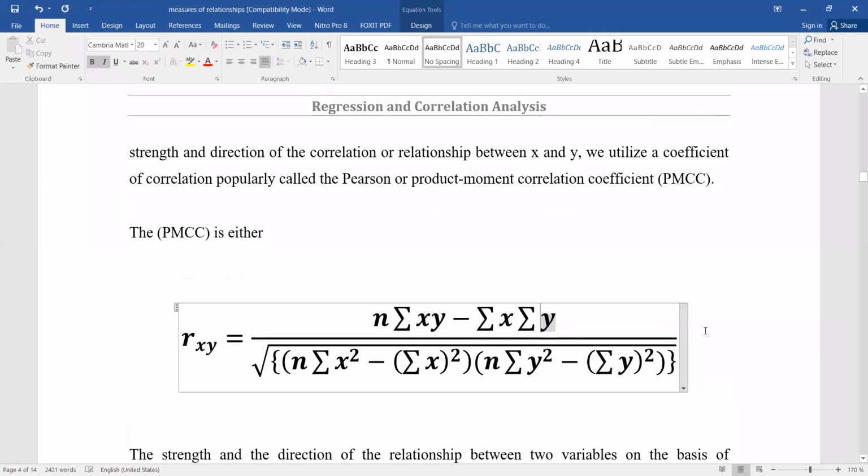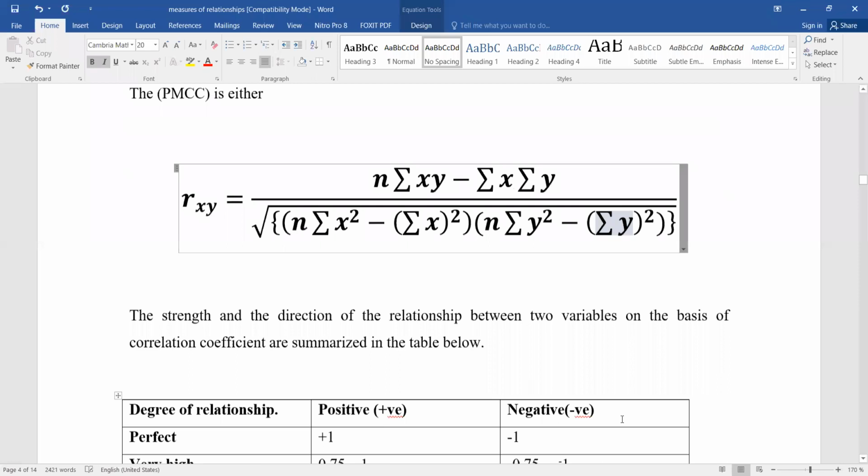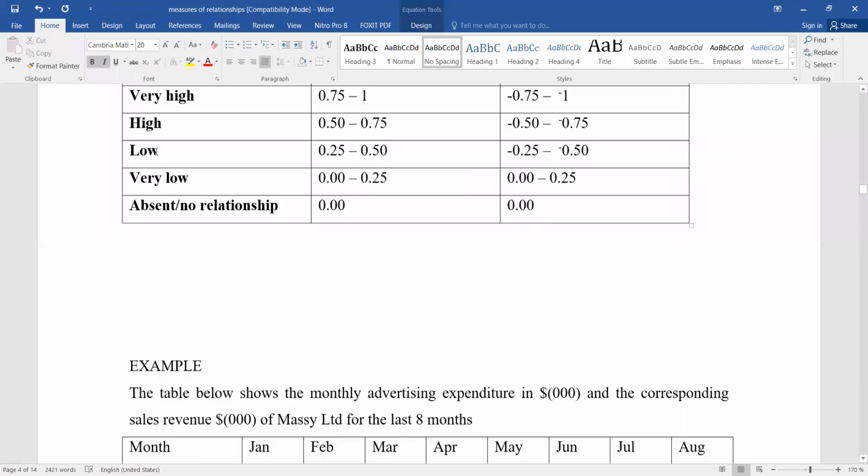Then you find the square roots. You find the square root of the product of the summation of x squared, from which you subtract off the square of the sum of x, and the summation of y squared, from which you subtract off the square of the sum of y. So that is the formula.